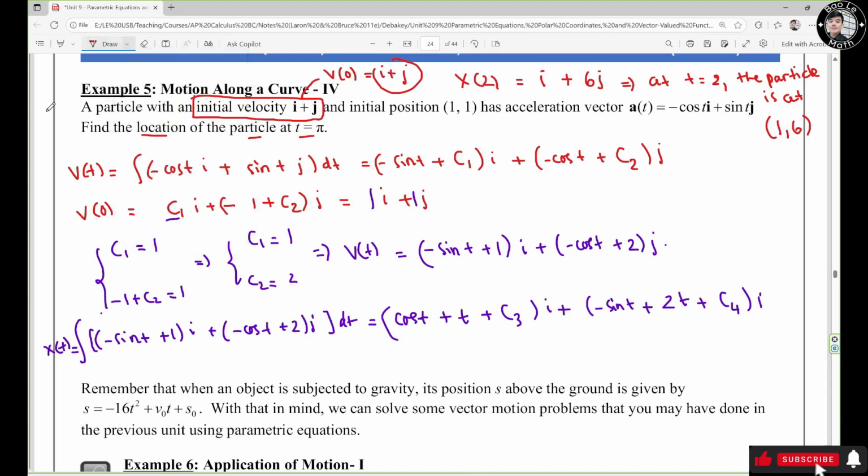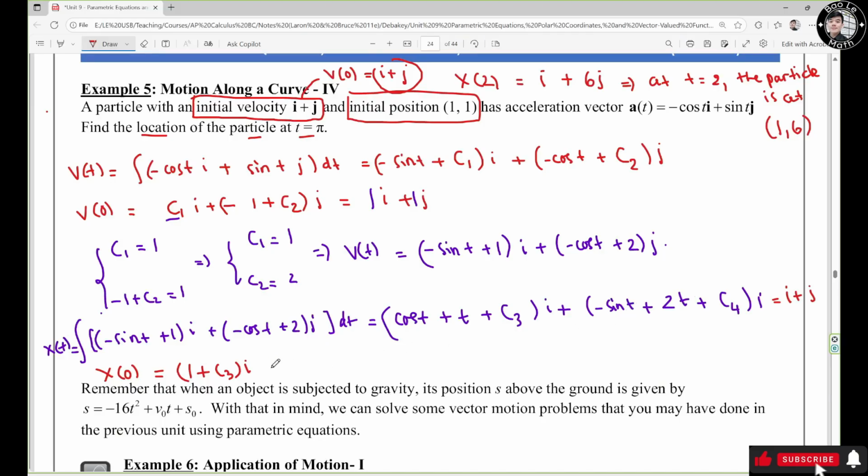At t equals 0, the initial position is right here, right? So this equals i plus j, right? So I have S of 0, substitute 0 for t into this. So I have cosine 0 equals 1, right? So I have 1 plus 0, plus C3 i. Now the second one, sine 0 equals 0, 2 times 0 equals 0.